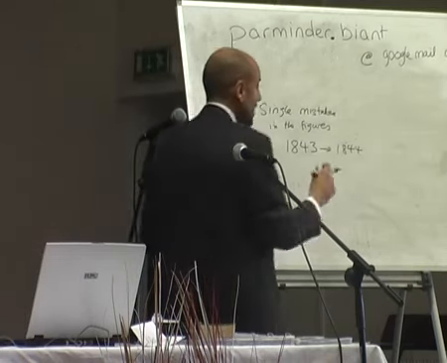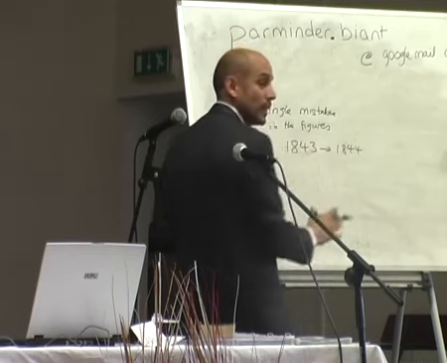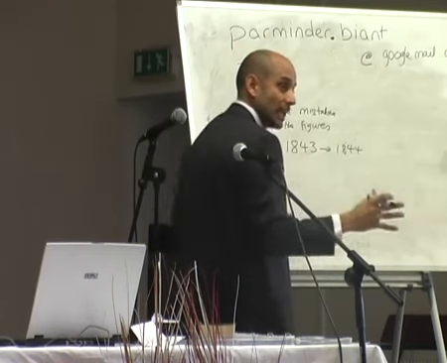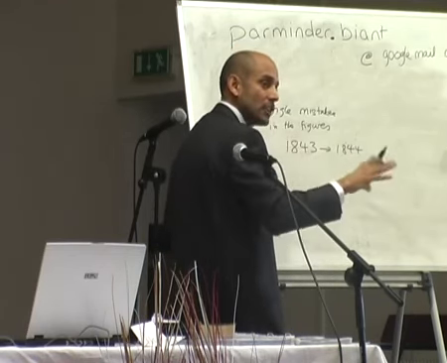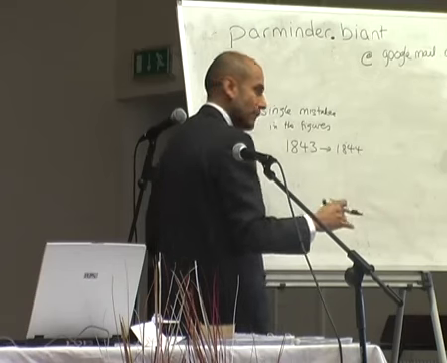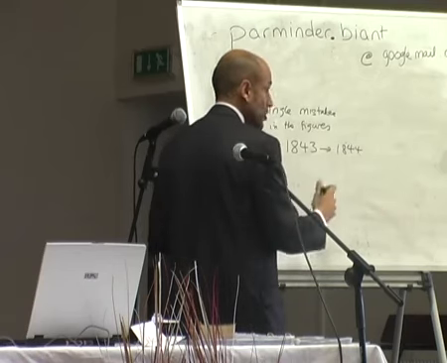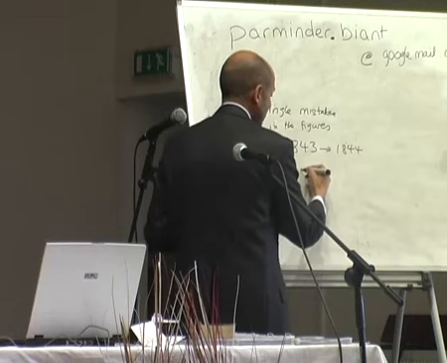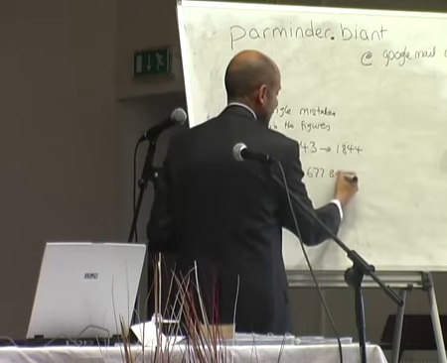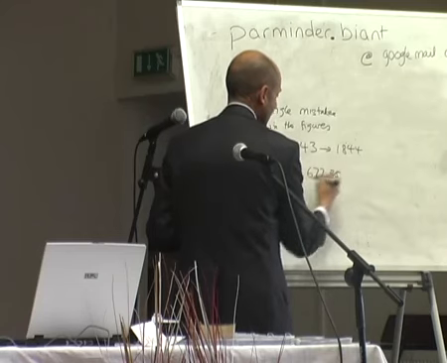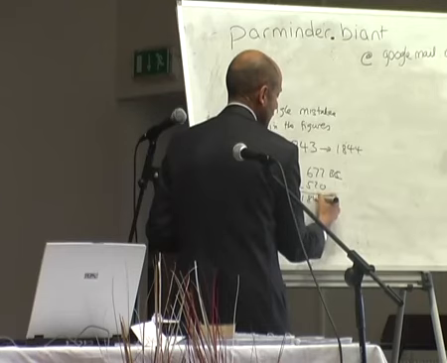The mistake is to do with the year 1843 to 1844. And the two calculations that are incorrectly done on the 1843 chart are when they calculate from 677 BC and add 2520 onto it, and they come to 1843.